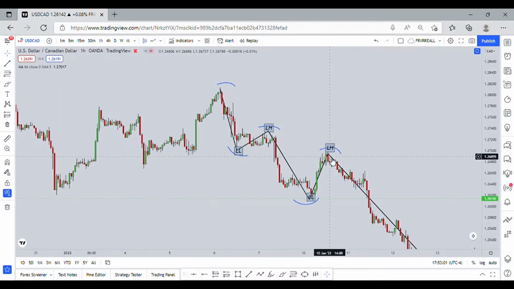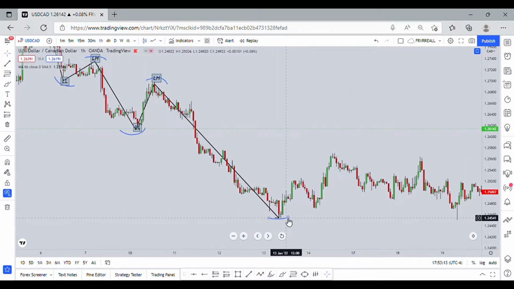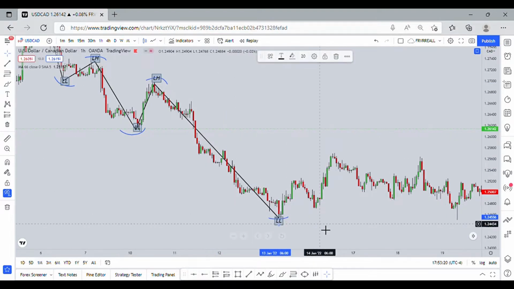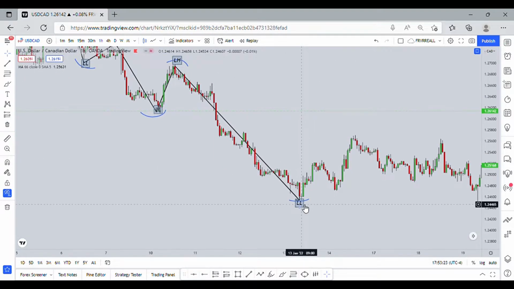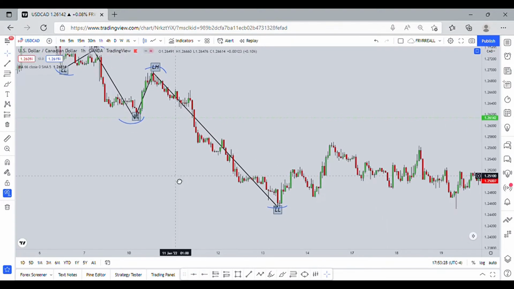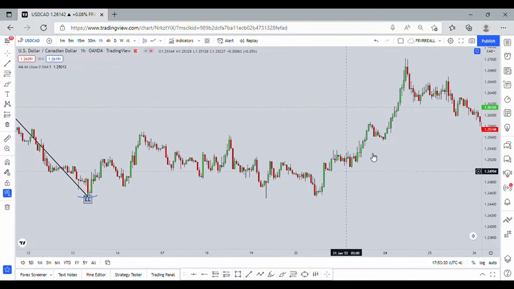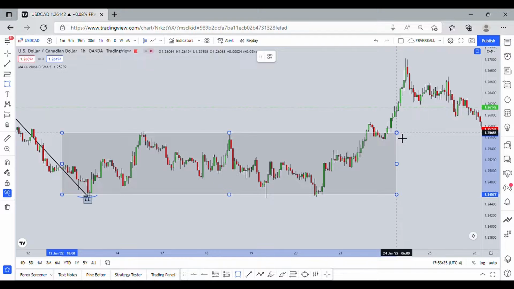And when the market makes a retracement, we call this a lower high only because this high is lower than this high. And price shoots for a lower low again, over here. You call this low a lower low only because it's lower than this low. And the market transitions again into, and here as well you can see that this is a range.